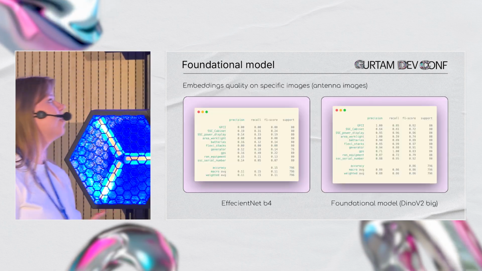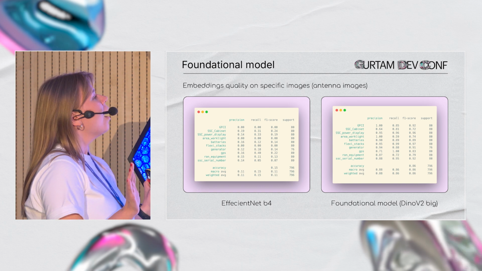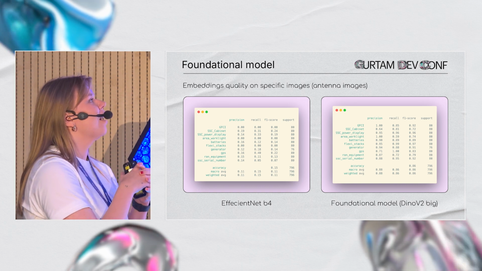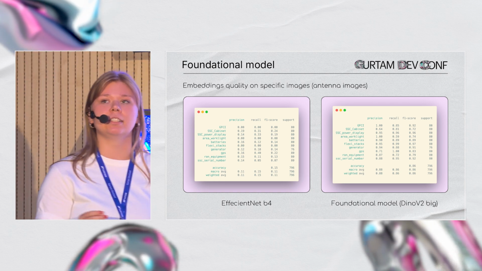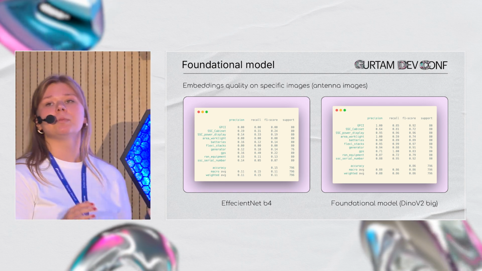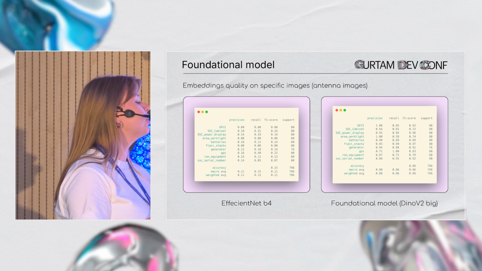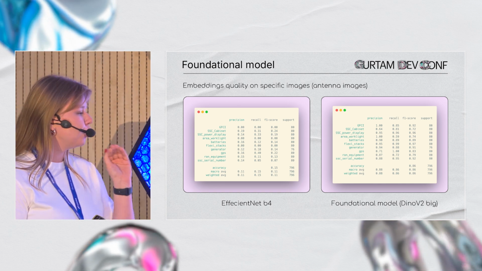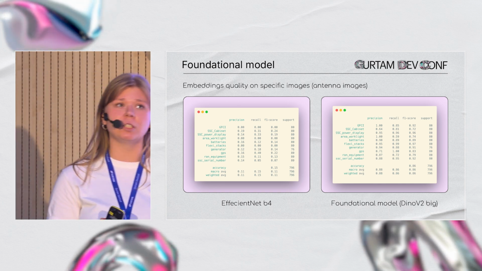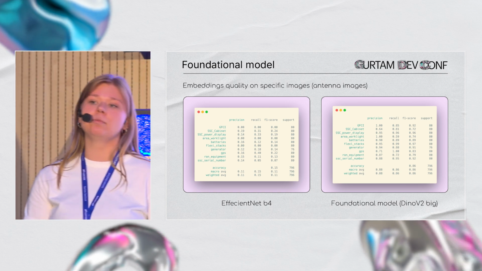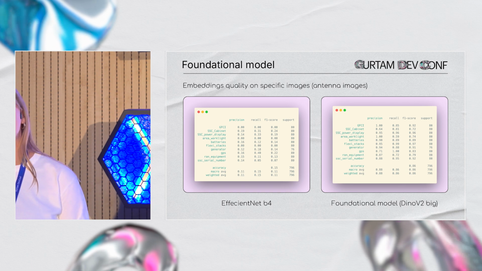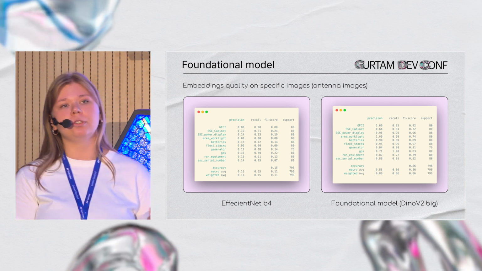And I will show you a very nice example of generalization capability. So I decided to run a classification task on very specific images from the telecommunication domain. And I took two models for my experiments. On the left, you can see the results of the EfficientNet model. That is a very good model, but it requires fine-tuning on your data.